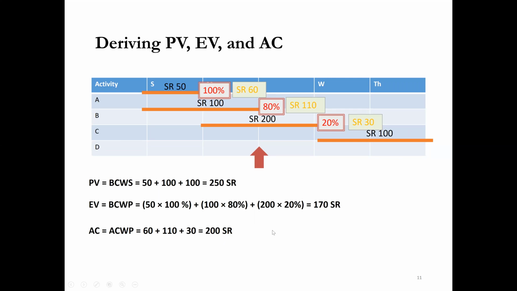So this is the way we can calculate the PV planned value, the earned value, and the actual cost.